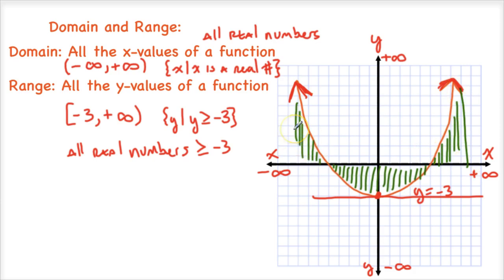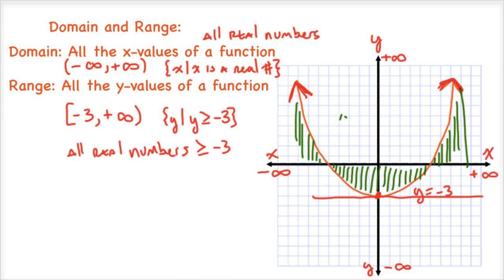So if I were to take the orange lines here and lay them down, see how it would go forever off onto the x-axis, negative infinity. If I pushed this orange line up to here, it would fill in this space here. And if I pulled the orange line down with the green lines here, it would extend off to positive infinity. So that's how I would know that the x, or the domain, was negative infinity to positive infinity.